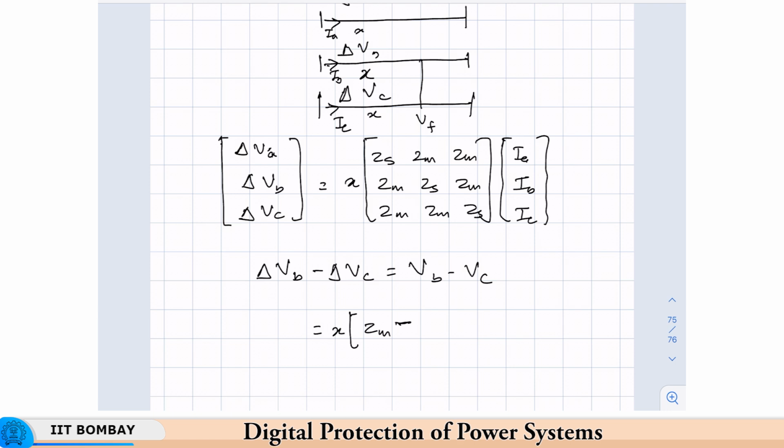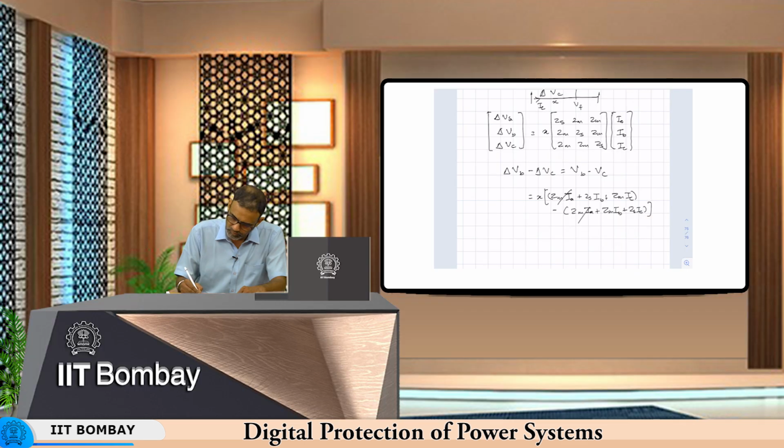Zs minus Zm IB plus Zm minus Zs IC, which can also be written as Zs minus Zm into IB minus IC.